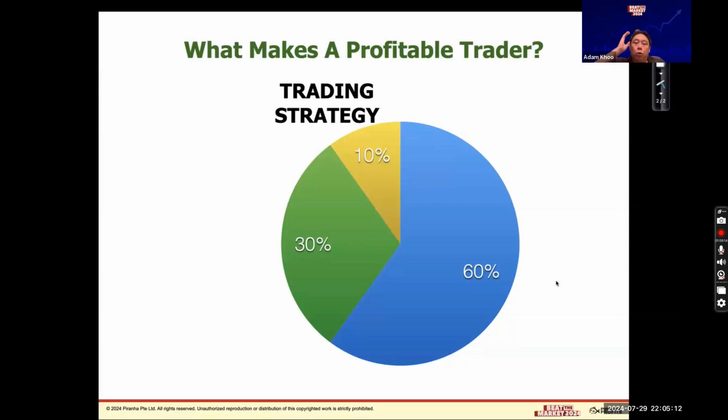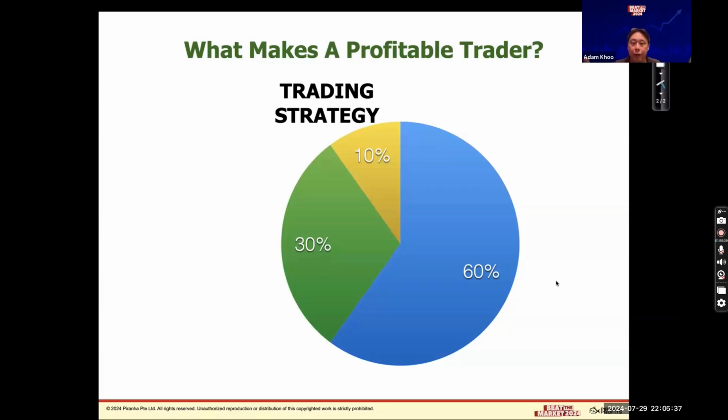So if you trade with a specific trading plan, with specific trading strategies that have a statistical advantage in the market, you are way ahead of most people. Today I've shown you some strategies, the trend retracement, the slingshot, and of course there are many more that are used at different stages in the market.